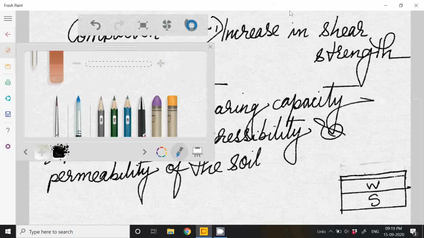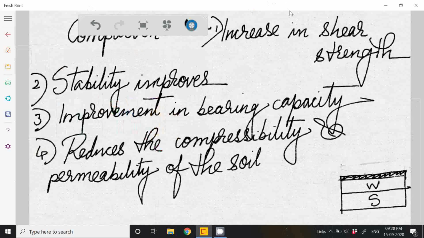That means in future, when you again do compaction or some load is applied, there will not be much of a volume change, just a little with the expulsion of this small amount of air.